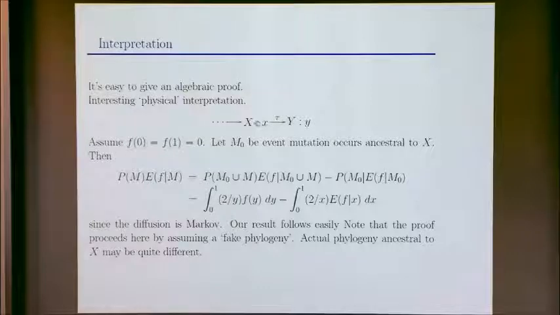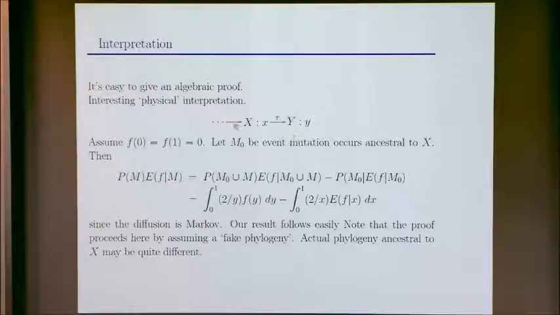the event that a mutation occurs on this edge has the probability that an event occurs ancestrally somewhere, minus the probability that it occurs ancestral to x. You can just write it that way, right? And then you work through what that means, and both those things can then be calculated.